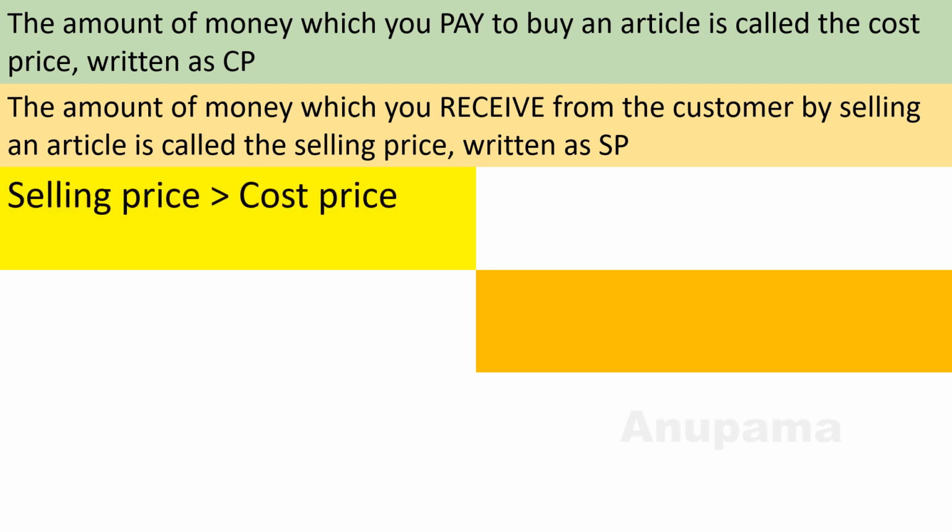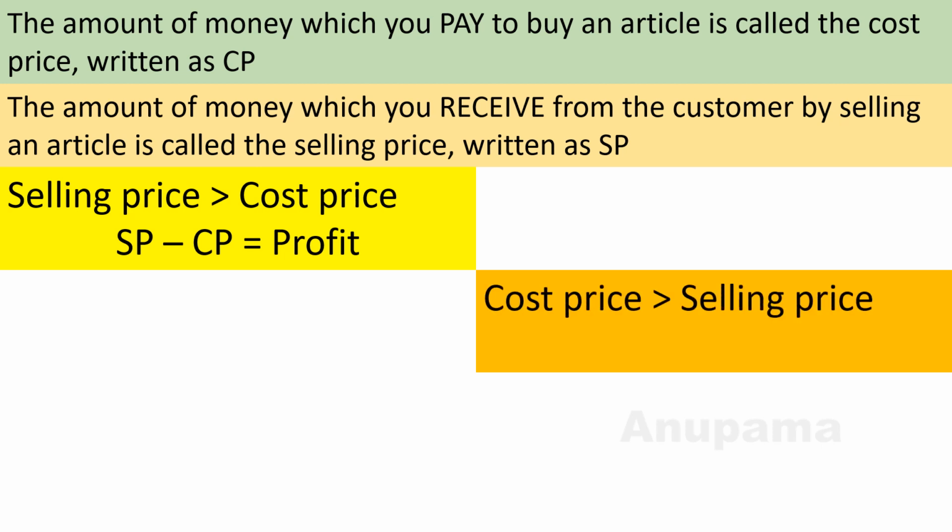If selling price is greater than cost price, just like that previous example, you will get a profit, and profit equals selling price minus cost price. But if your selling price is less than the cost price, or we can say cost price is greater than the selling price, in that case there is a loss. So loss equals cost price minus selling price.